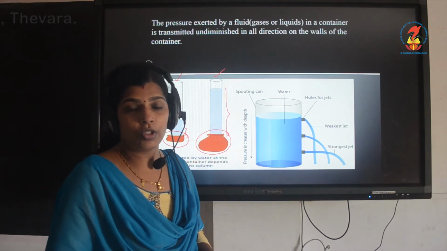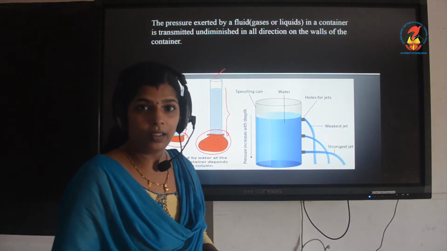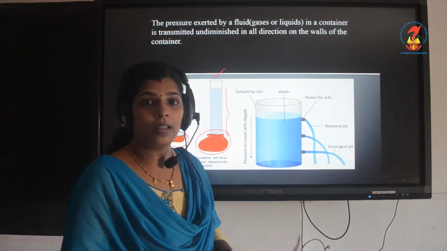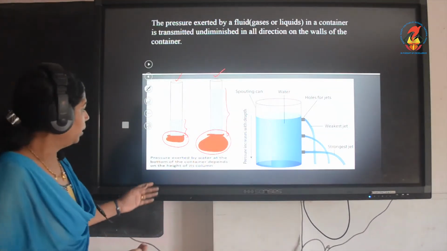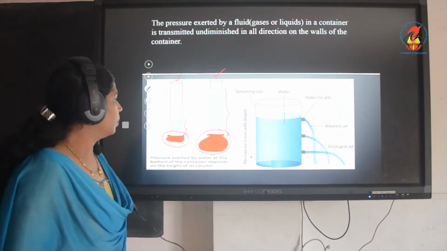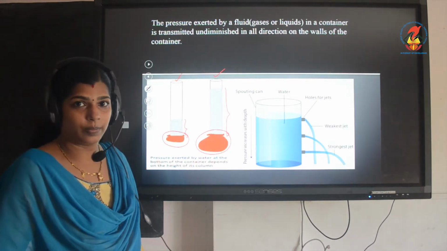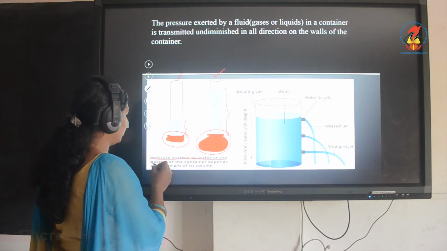The downward pressure means the pressure exerted at the base of the container also increases. As we increase the height of the liquid level, the pressure exerted by the water at the bottom of the container also increases.